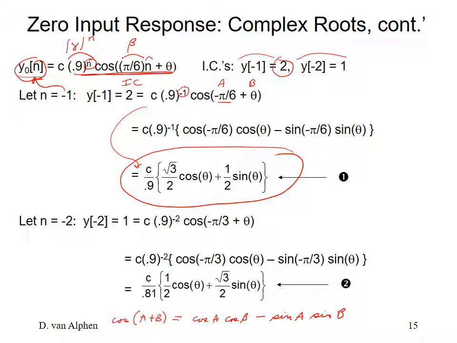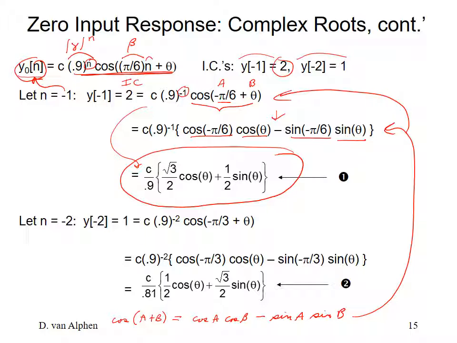You don't need to memorize that. You would have that written on your exam sheet. So I'm going to use that now to break apart this cosine a plus b into cosine a cosine b minus sine a sine b, where I've used a as negative pi over 6 and b as theta.